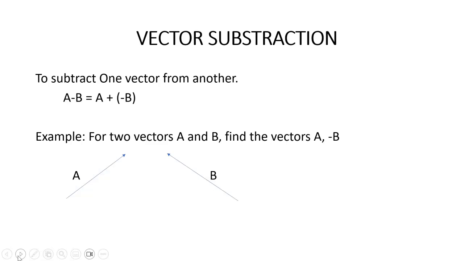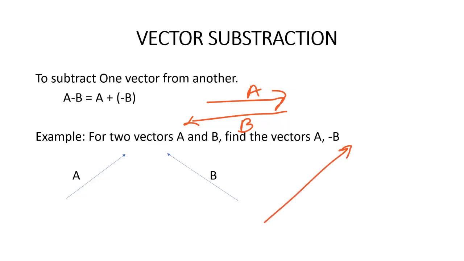So when we have A minus B, if A is this way, from here to here, it represents A, then B will be in the negative direction of A. This will be B, in the opposite direction, A minus B. Let's look at this example: for two vectors A and B, find A minus B. If A is going in this direction, then B would go in the opposite direction of A. So this will be A, and this will be negative B, because it's going in the opposite direction.